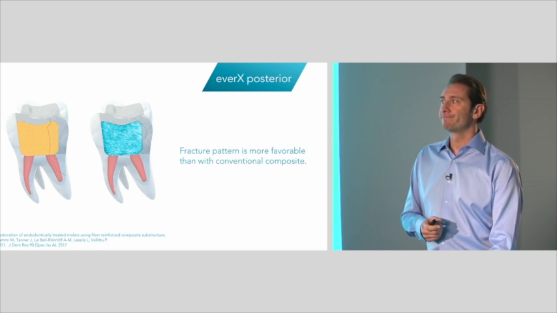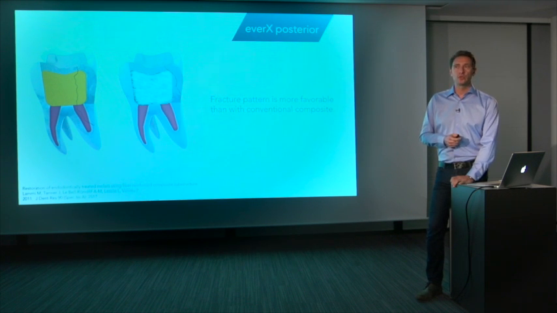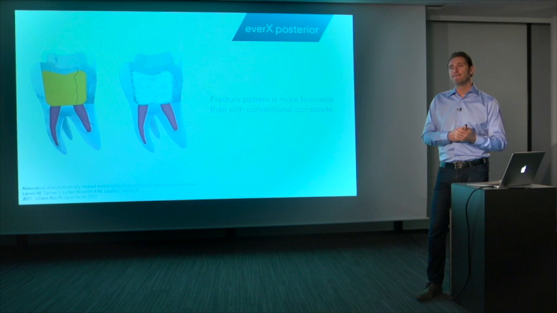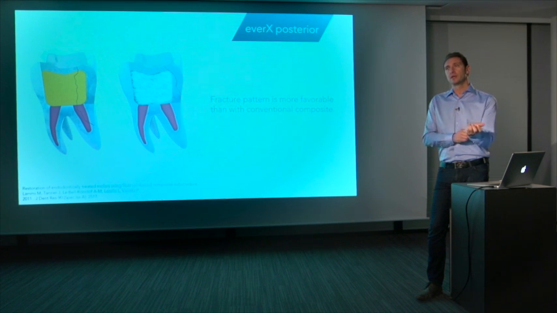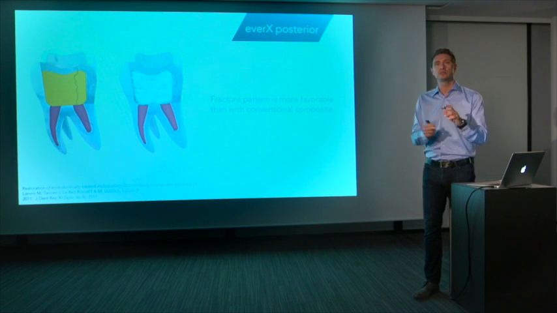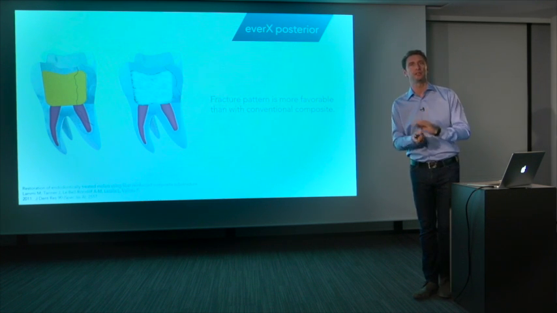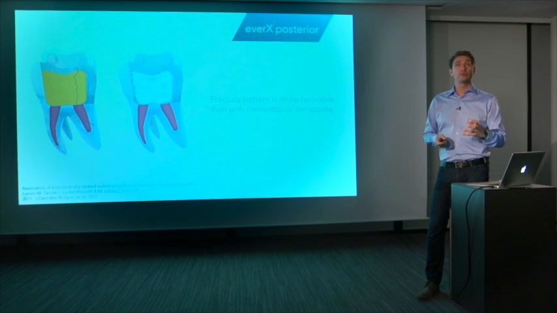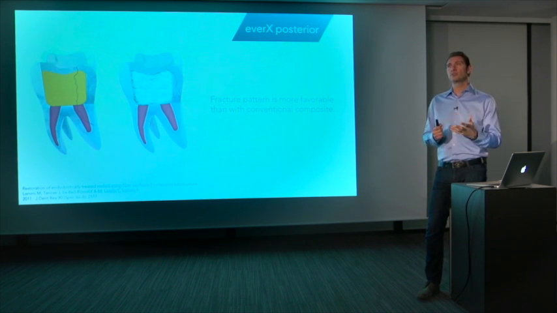Something which adds to the tooth-saving potential of this material is the way the failure happens, if failure occurs. Sometimes we find a very strong material, and by putting a strong material into a tooth, we think that we can save the tooth.